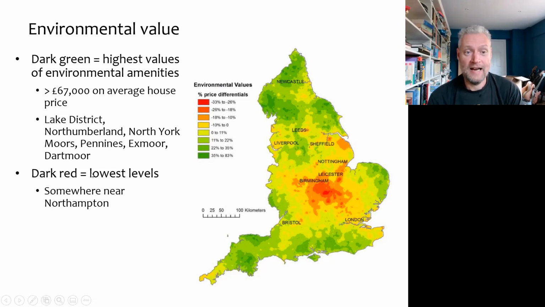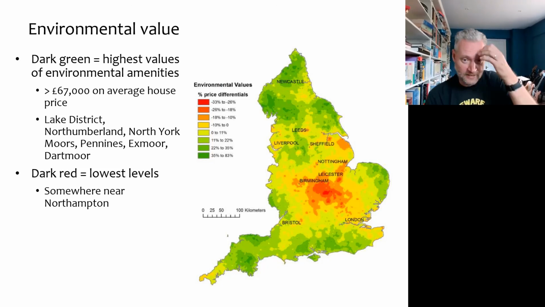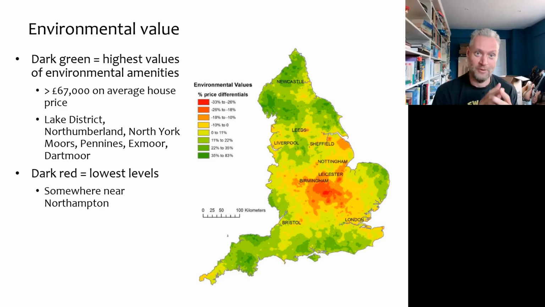And that actually can add up. That adds up to almost £70,000 on the average house, and that is in the Lake District, obviously, and Exmoor and Dartmoor, where people really like the environment. And this is not what the environment is like, but this is how people who buy houses appreciate the environment.